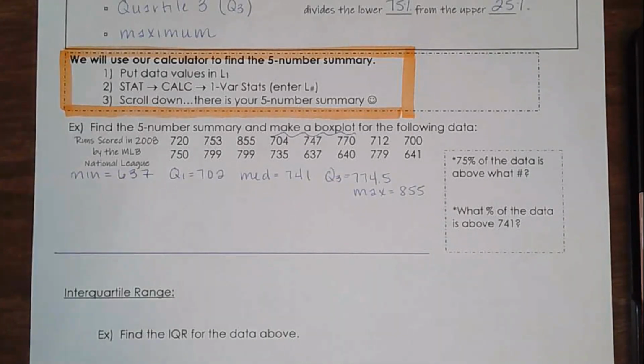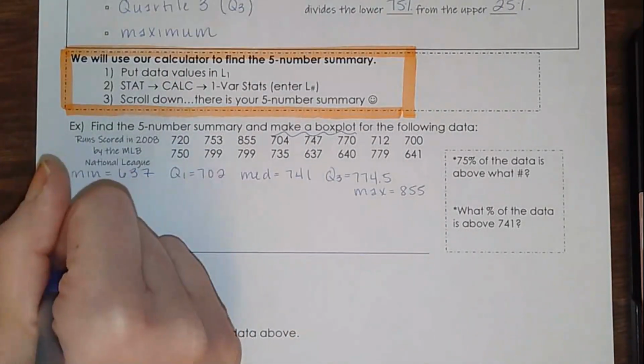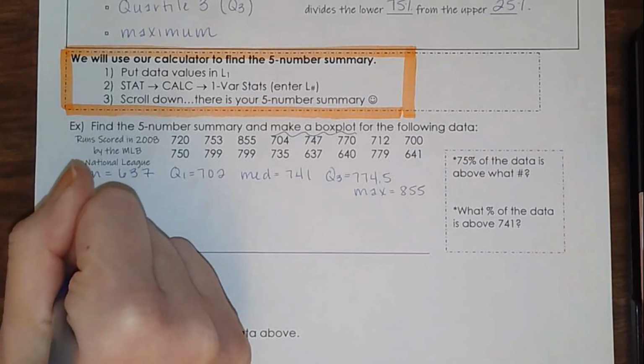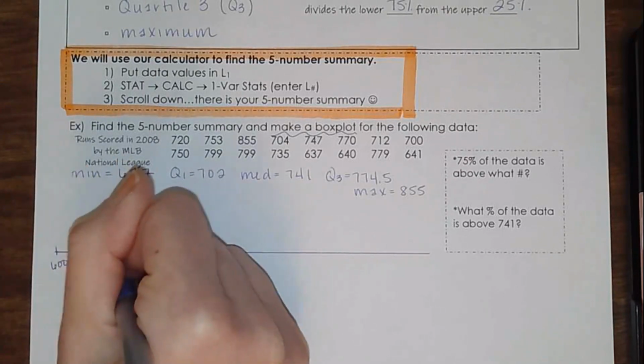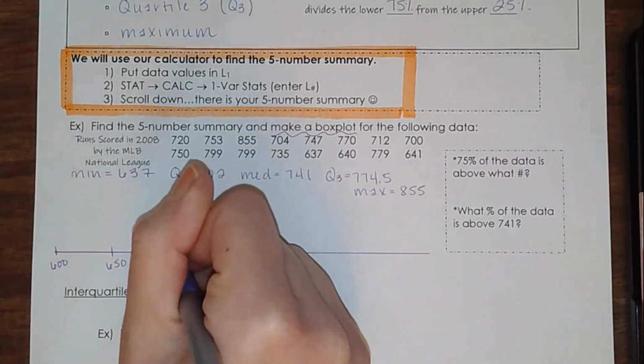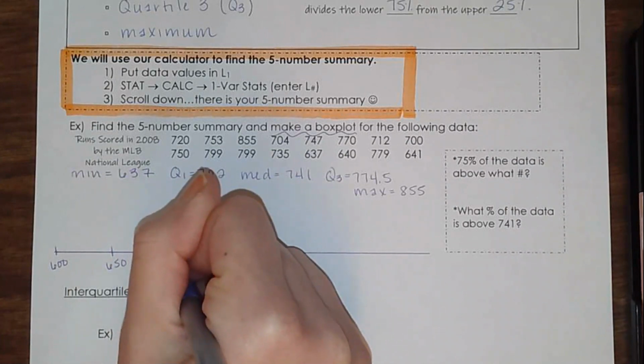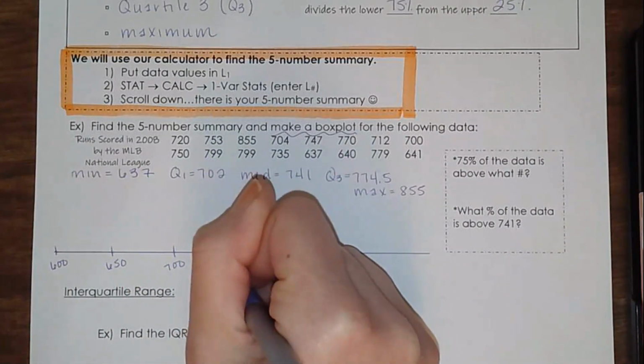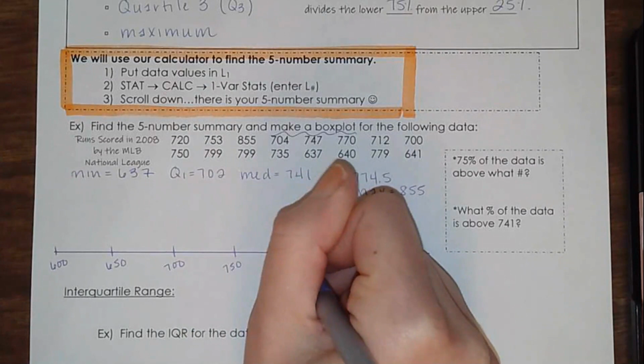So I'm just gonna go by 50s. You can go by whatever increment you want. I'm gonna go by 50s. So that means I'm gonna start at 600. So I gotta make sure I cover all the way up to my maximum.